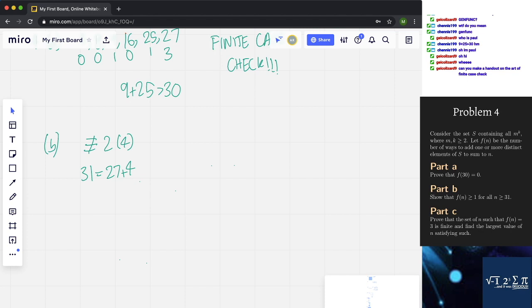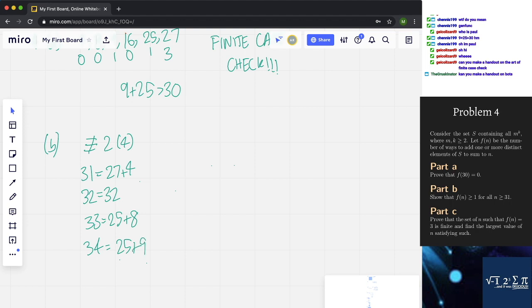So if we write this down, 32 is just 32. 33 is 25 plus 8. 34 is 25 plus 9. No, I do not know how to bot, so I cannot make that handout. So it basically seems that if I'm looking at this, we can consider n minus whatever mod 4.